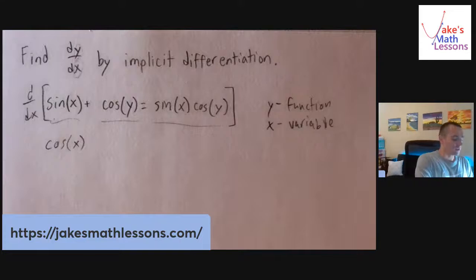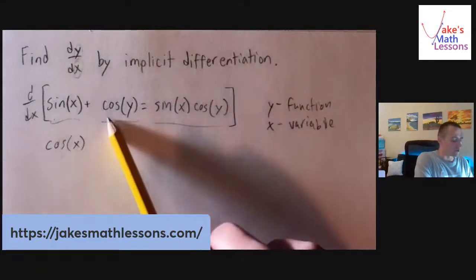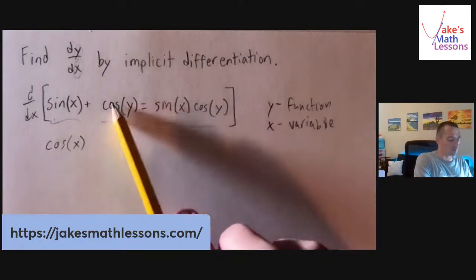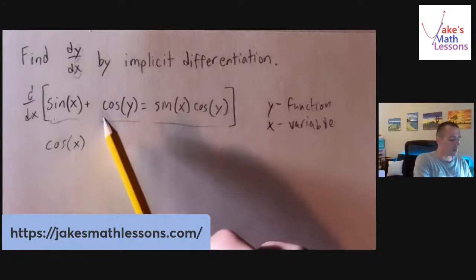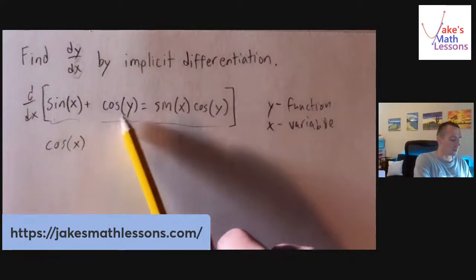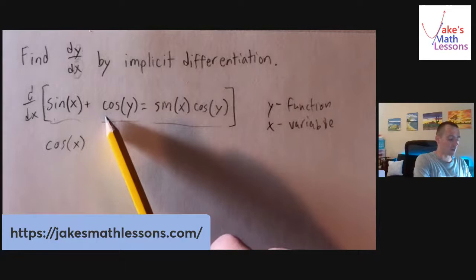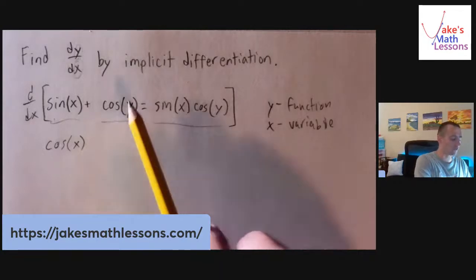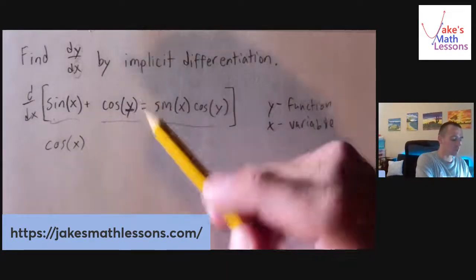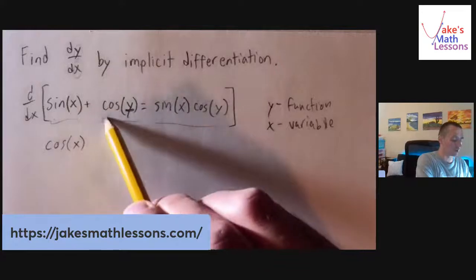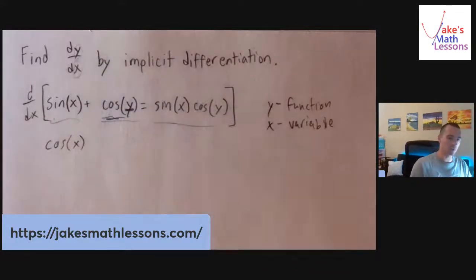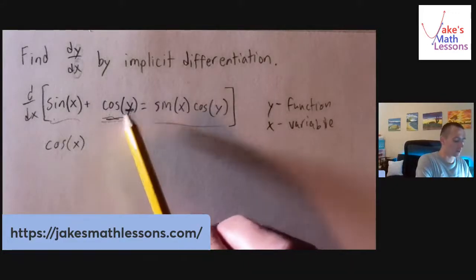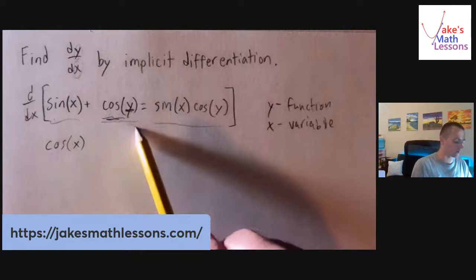What we're going to have to do is use the chain rule to find the derivative of this term, because this basically is a composite function: we have a function y plugged into another function, which is the cosine piece. So with cosine of y, we use the chain rule where y is our inner function and cosine is our outer function.